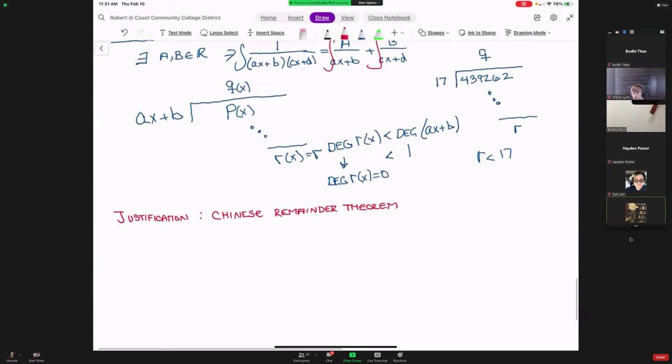Okay, so with this in mind, if we were to take a quadratic ax squared plus bx plus c and divide it into a polynomial, we would get some kind of a quotient up here, right?